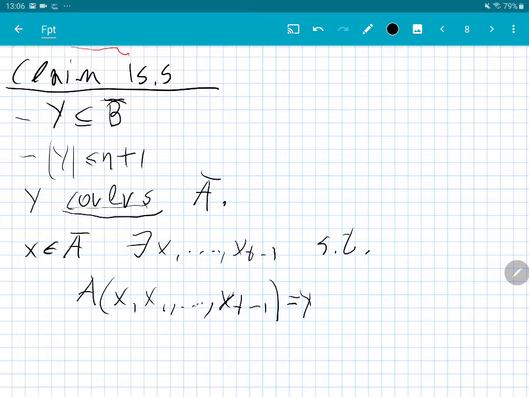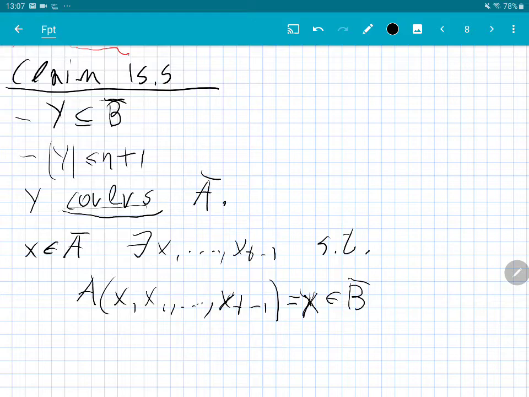Now to remind you, y is in not B. The set Y is in not B. So that means that all those strings x1 to x t minus 1 are also not in A.